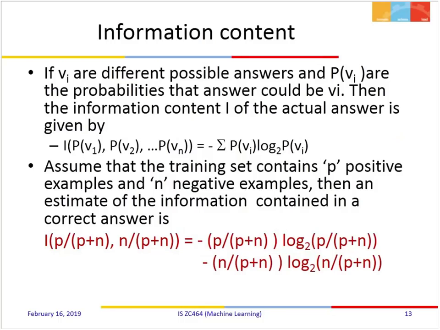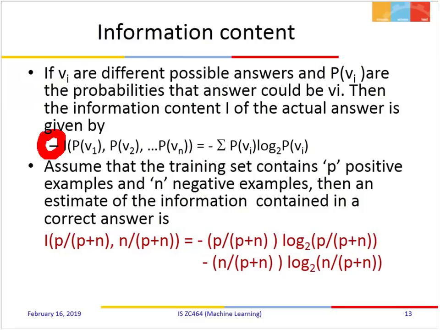So within parentheses, we have taken the probabilities of each possible answer and obtained the information content, right? The very first sign that you are seeing, apparently similar to minus, is only the bullet sign. So please do not get confused. It is just I(P(V1), P(V2), P(Vn)).